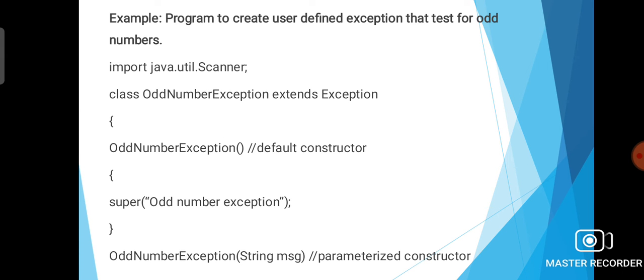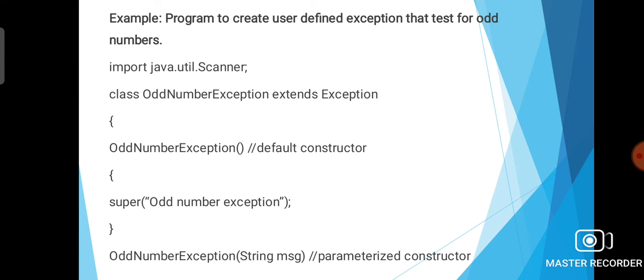Next we are going to see a user-defined exception that tests for odd numbers. So here also we are creating an exception class OddNumberException under the superclass Exception, and we are defining the default constructor OddNumberException. Under the constructor we are calling the super method.